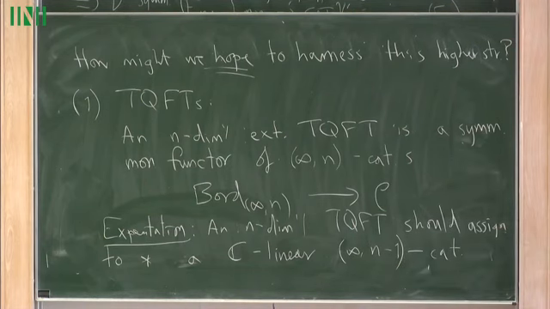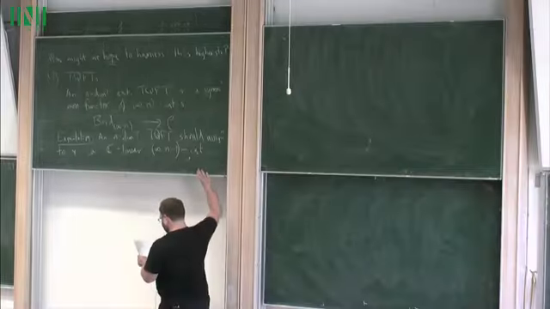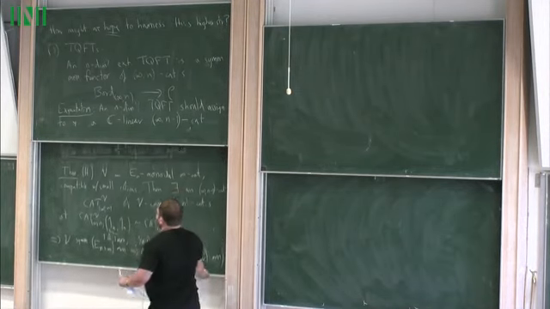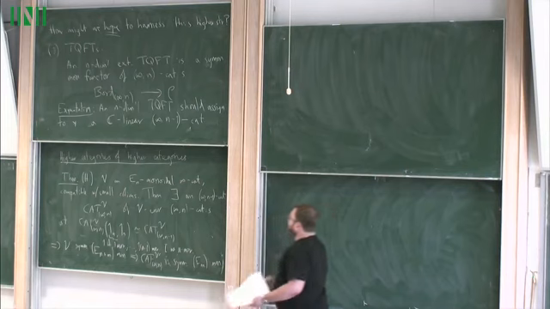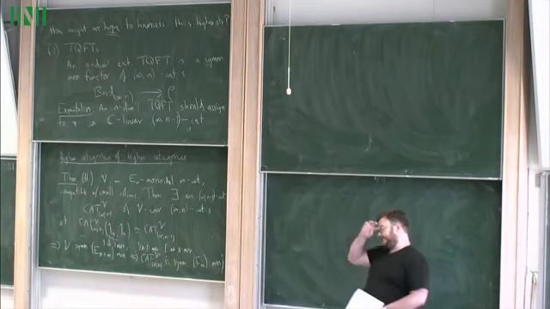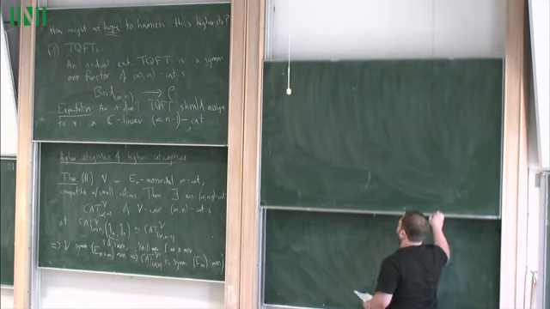By C-linear, I just mean enriched in modules over C. And this expectation can be motivated both in the context of physics, having to do with boundary conditions or defects in quantum field theories, but it also fits with the examples we have in low dimensions.